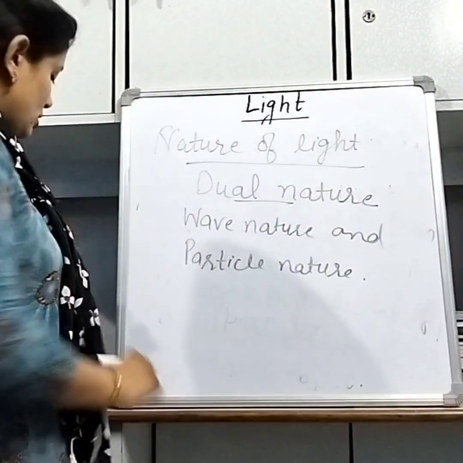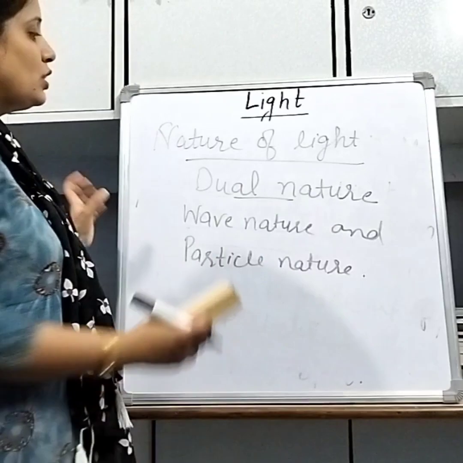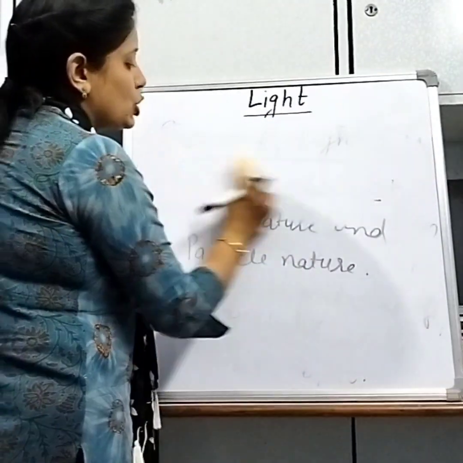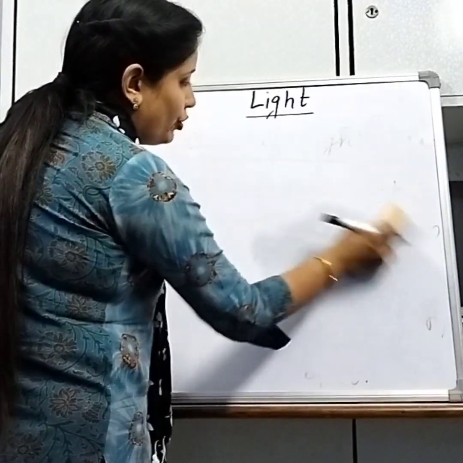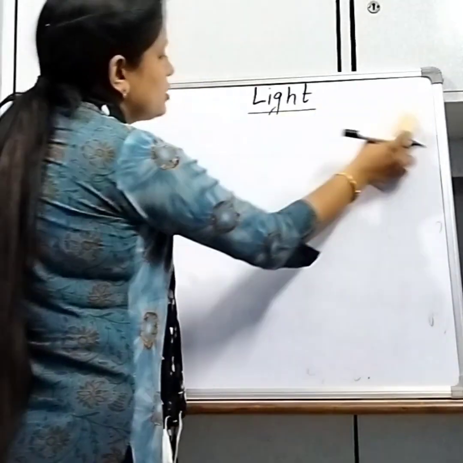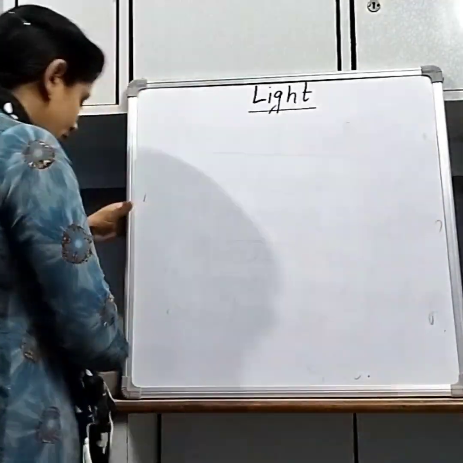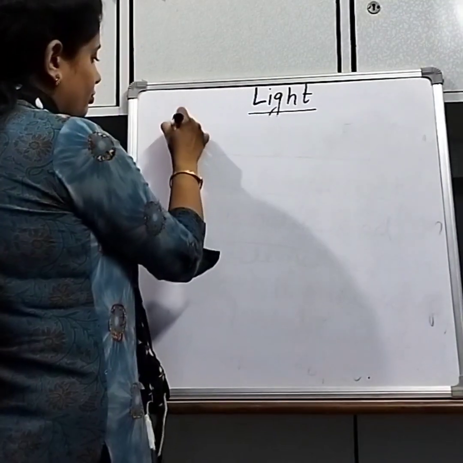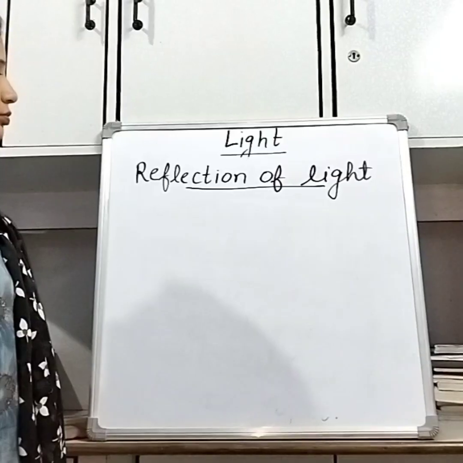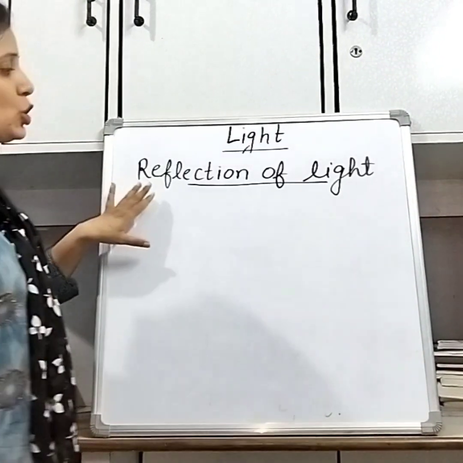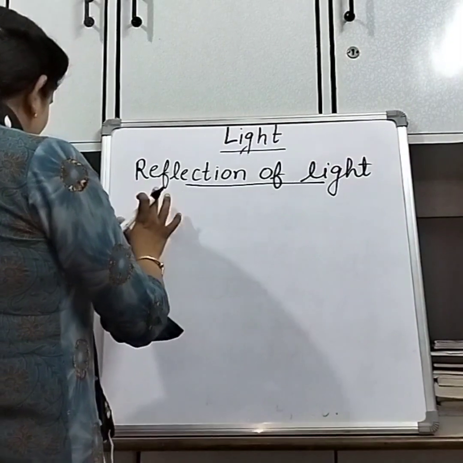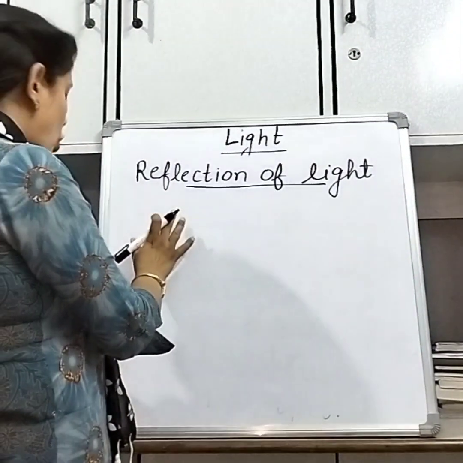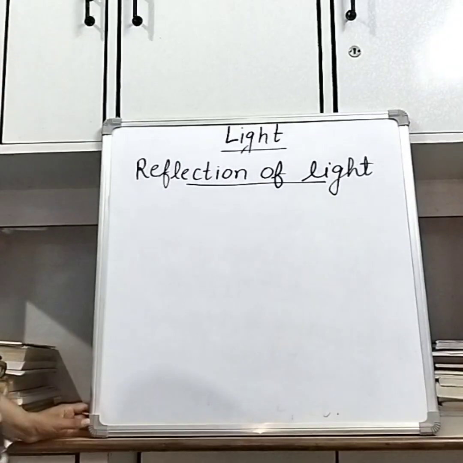Our next topic is reflection of light, which is the name of your chapter. What do you mean by reflection of light? When some light falls on the surface of an object, some of it is sent back.